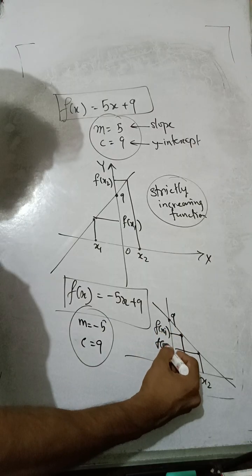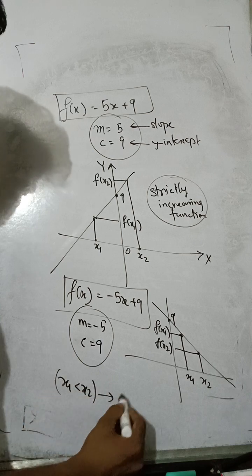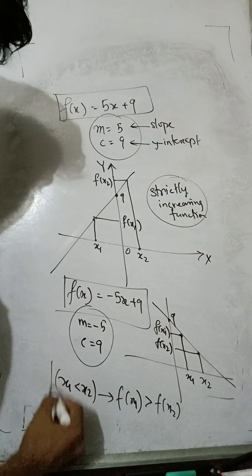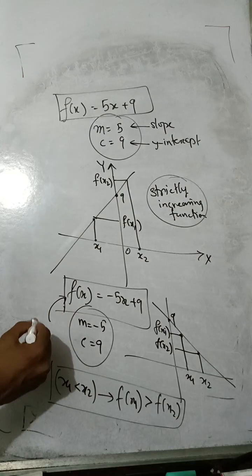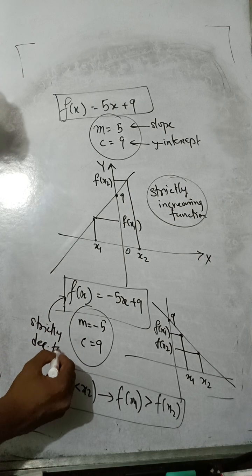Look, x1 is less than x2 here, but f(x1) is always greater than f(x2). Now this is an example of a strictly decreasing function.